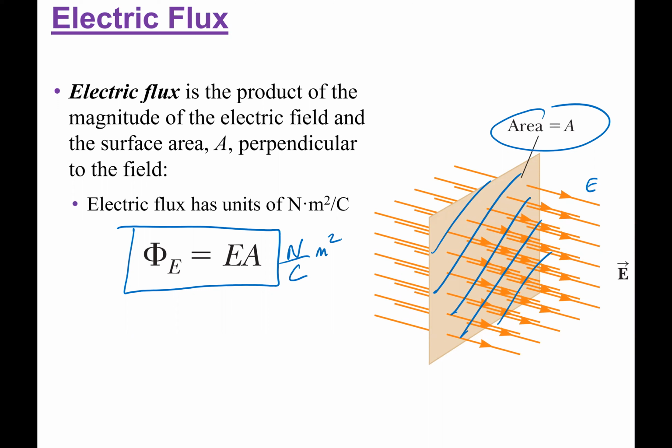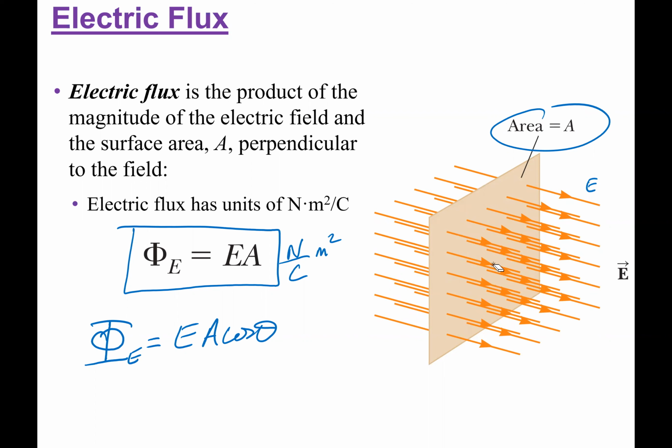Okay, but here's the thing then. This equation, electric flux, is the magnitude of the electric field times the magnitude of the area. And technically there's also a cosine of theta, where theta is how the electric field is oriented with respect to this area. One of the ways you can think of this cosine of theta is this.